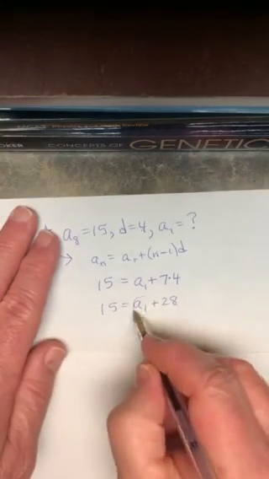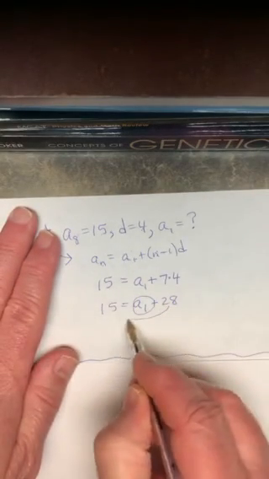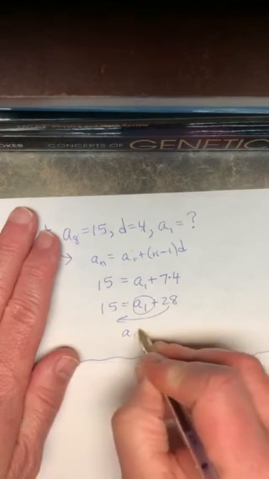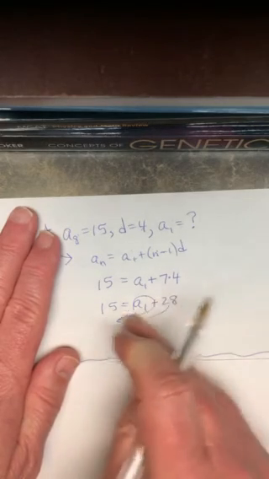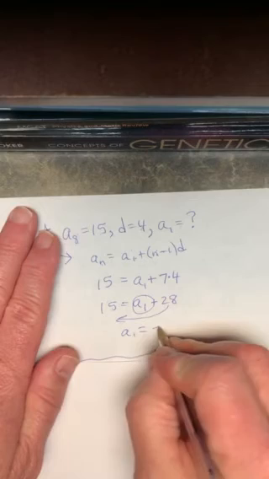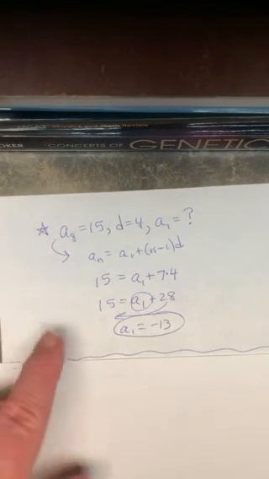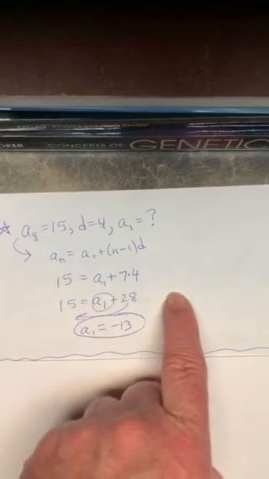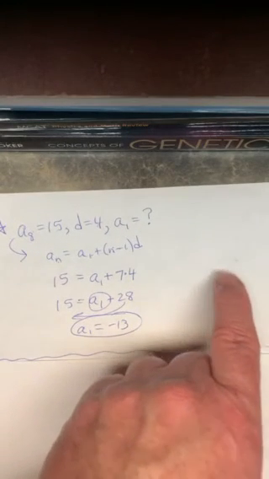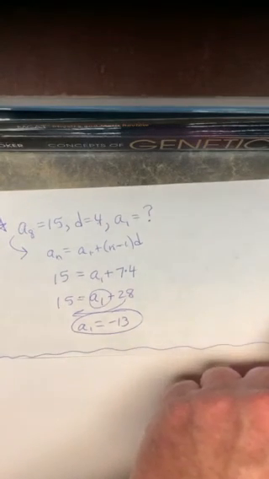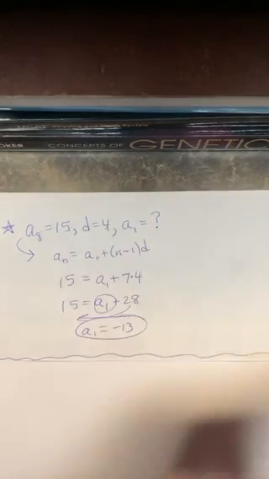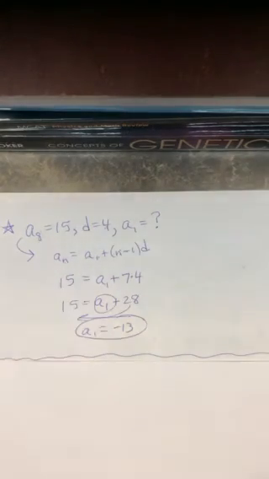So to get a1 by itself, I subtract over the 28, and certainly 15 minus 28 gives me negative 13, and I did it. The first number must have been negative 13, and then I keep adding 4 each time, and the 8th number would eventually be 15.